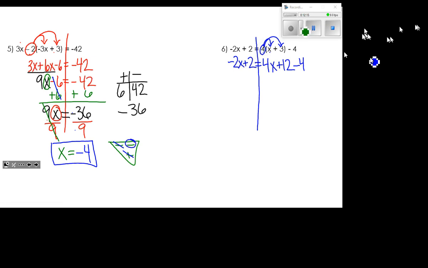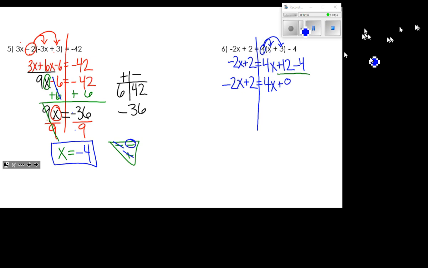I see that I can combine like terms. So I'm going to combine the positive 12 and the negative 4. I'm going to bring everything else down, making that one change. 2x plus 2 equals 4x. And then 12 minus 4 is positive 8.